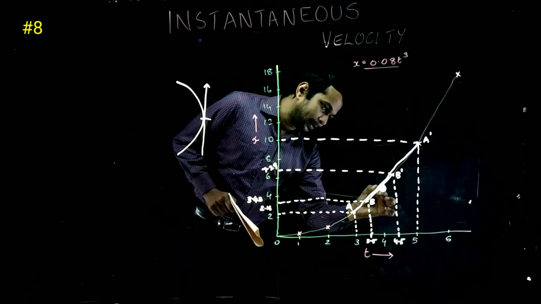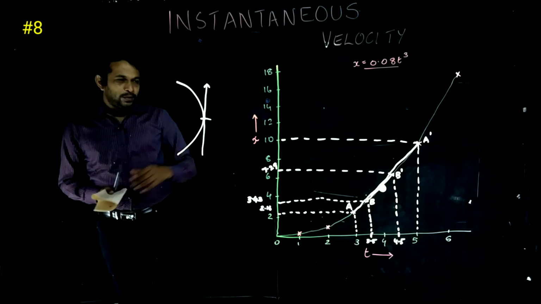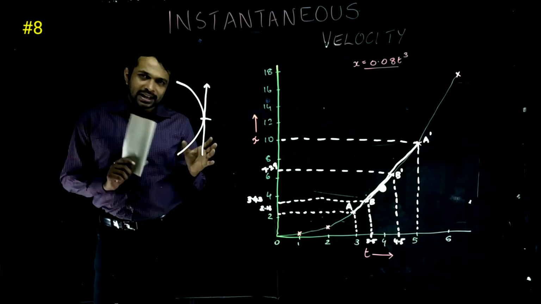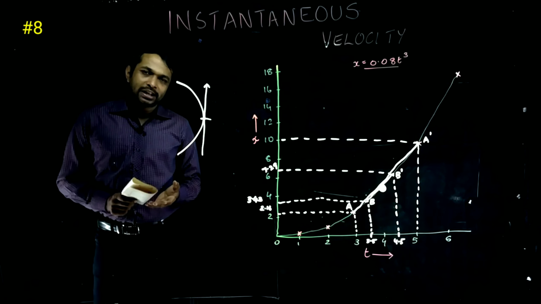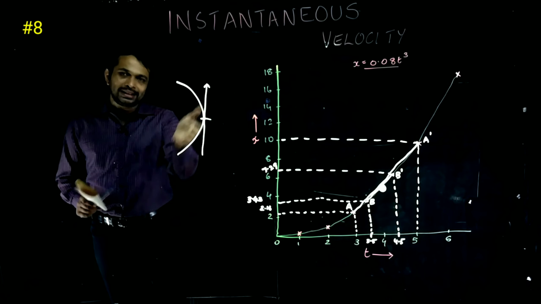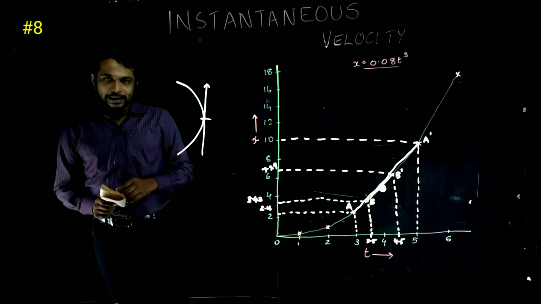Okay, this point. Yes, it is a little bit difficult to draw and represent in a graphical method, but this is just to make you understand the concept. What is the instantaneous velocity? Instantaneous velocity is the tangent drawn to the curve at the required time.